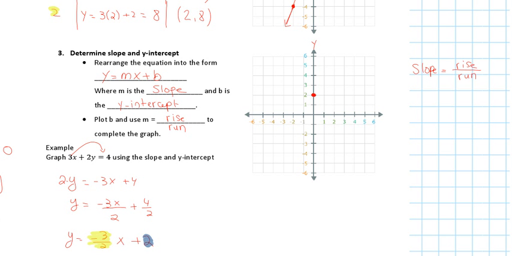Vertical for rise, horizontal for run. Looking at negative 3 over 2, that's my slope. It's telling me that I have to rise by negative 3. What does it mean to rise negative 3? From that point, go which way? Down 3. Because you're rising negative, that means you're going down.